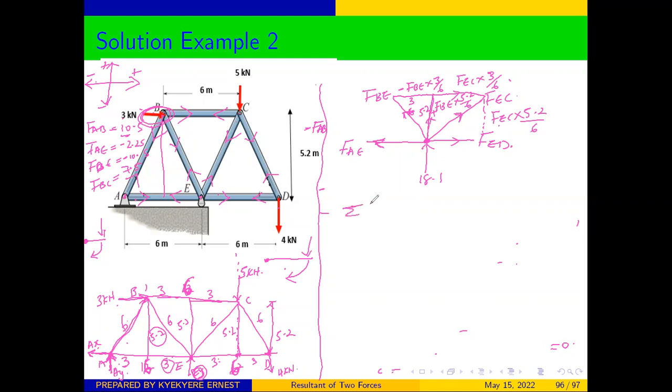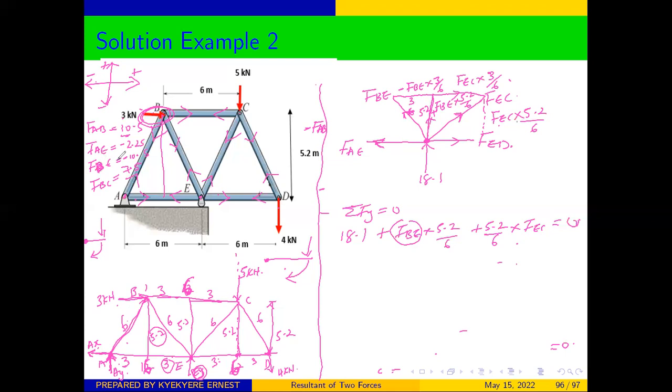We can say that the sum of Fy is equal to 0. And for Fy, we are going to get 18.1 pointing up, which is positive, plus the y component for FBE, which is FBE times 5.2 over 6, and the y component for FEC, which is also 5.2 over 6 times FEC, equal to 0. But don't forget that we have already calculated FBE, and therefore we can substitute the value of FBE, which is negative 10.5.